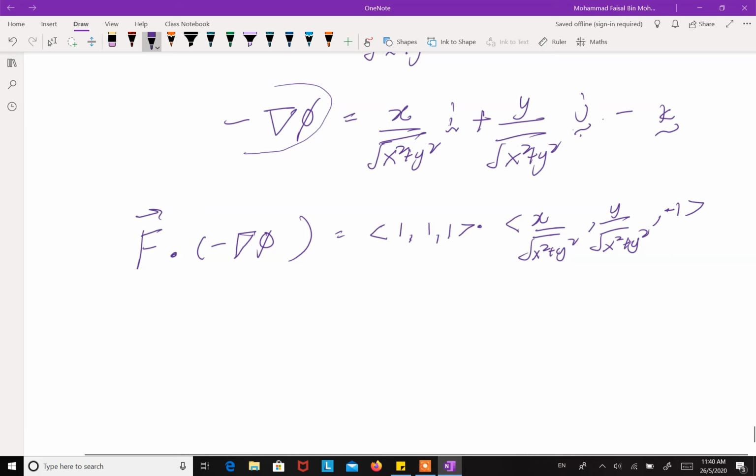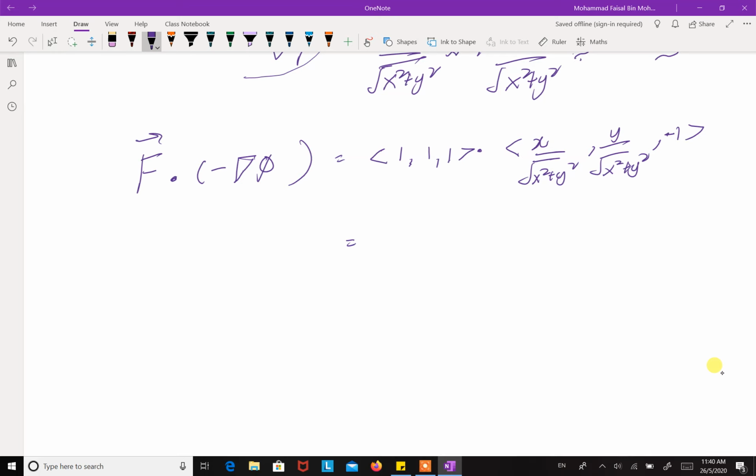So you will get x over square root of x squared plus y squared plus y over square root of x squared plus y squared, and then 1 times negative 1 will be negative 1.